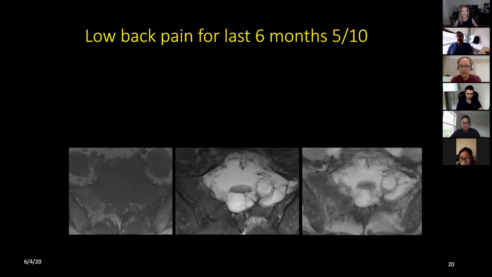I agree, except that spine is much harder than brain, and we know the different histologies. Because the audience might not know, perfusion is based on the vascularity of the tumor, so it'll depend on your histology as well, right? Absolutely. It's the histology of the tumor, how vascular the tumor is, and this case is actually going to show that. But let me add that the tumor that has been studied the most when it comes to diffusion imaging is chordomas.